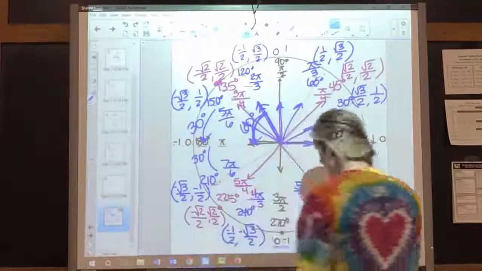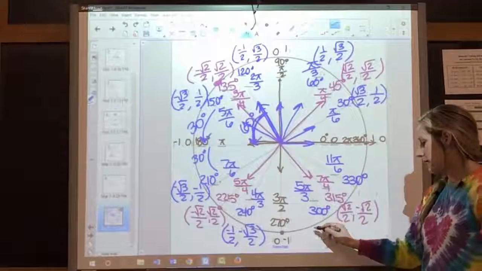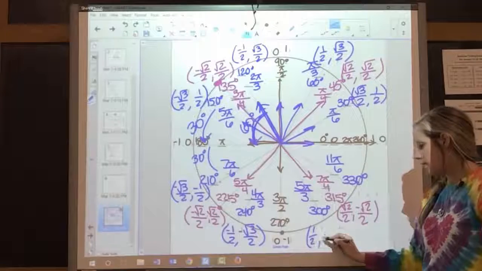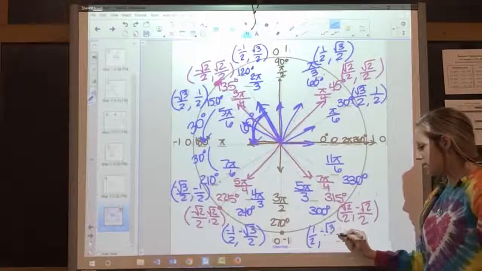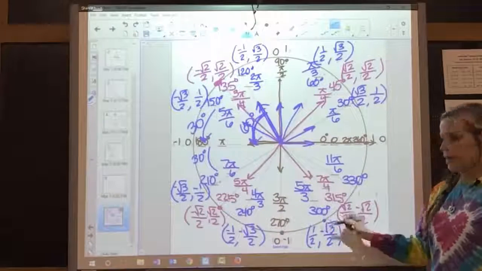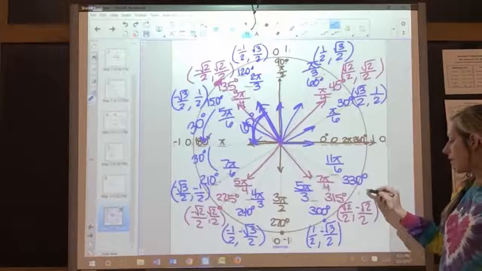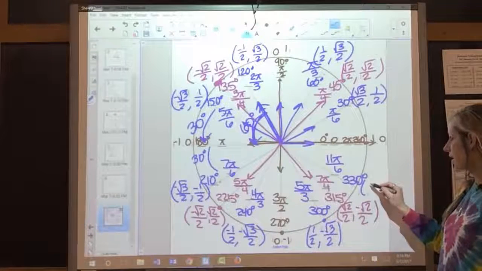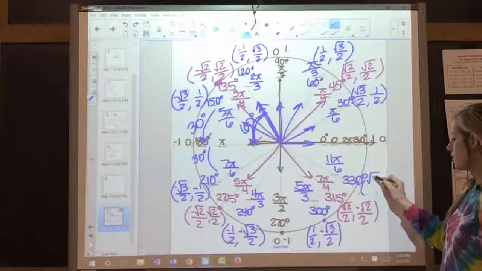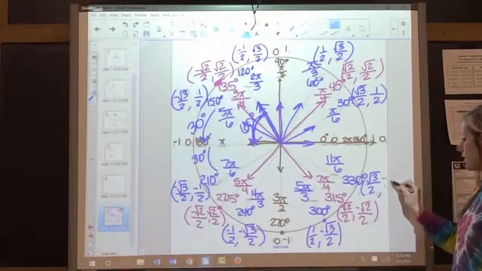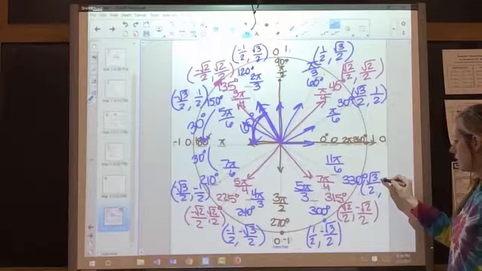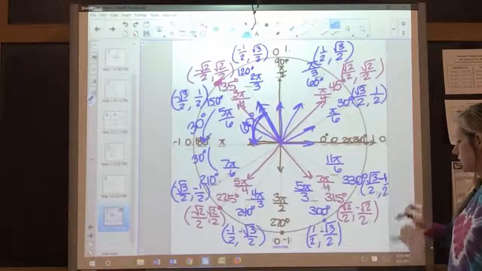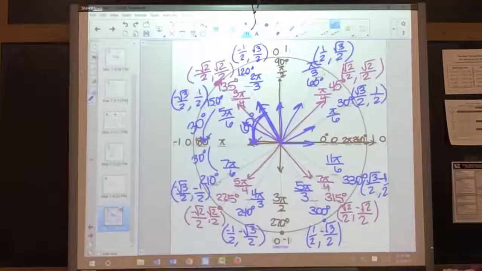For 300 degrees, I'm going to have my x be positive 1/2 and my y is going to be negative because this point is down here. And then the last one, my x is positive, so square root of 3 over 2, and my y is negative 1 over 2.